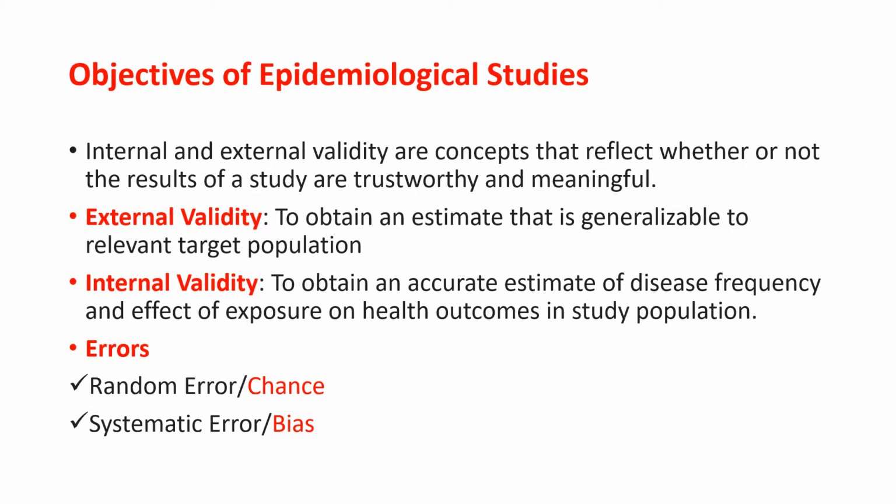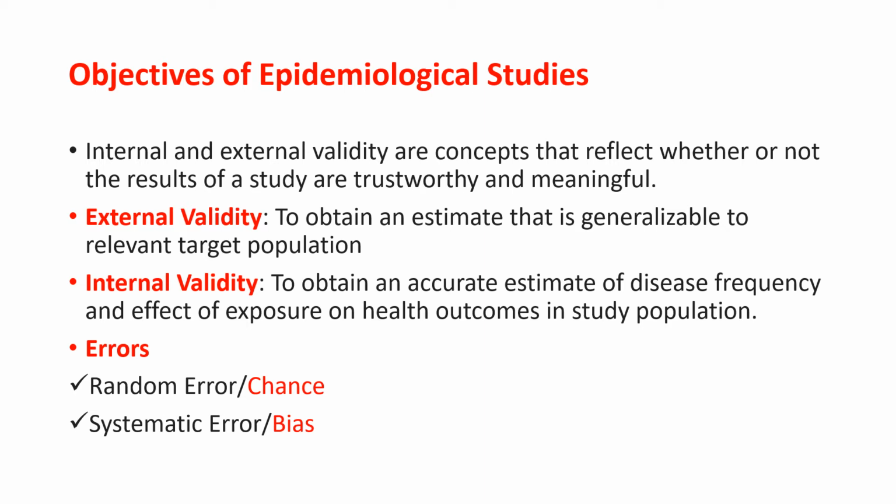So what is external validity? It is about obtaining an estimate that is generalizable to the relevant target population. When we do a study, we hardly do it in the entire population. A sample, that is a portion from the population, is taken and then the study is carried out.